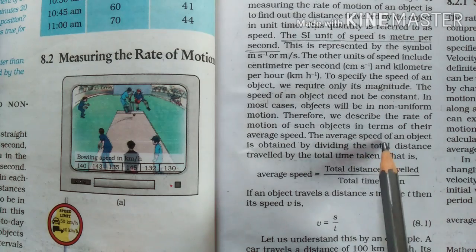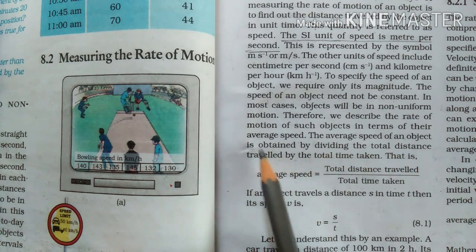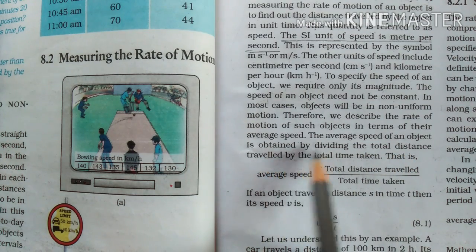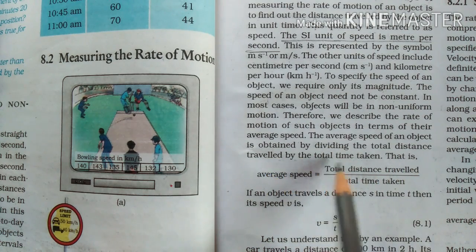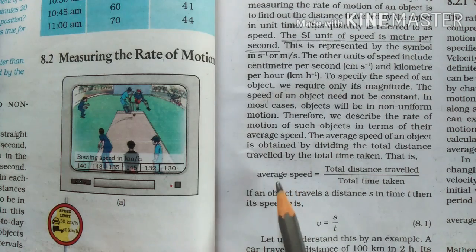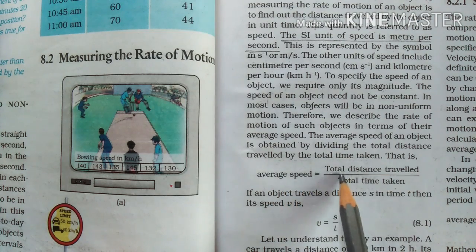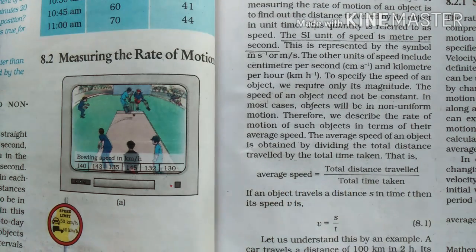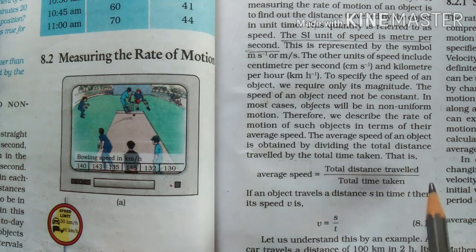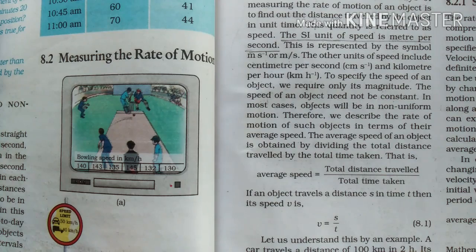The average speed of an object is obtained by dividing the total distance traveled by the total time taken. That is, average speed means total distance traveled, means how much distance it traveled, upon total time taken, means how much time it has taken.